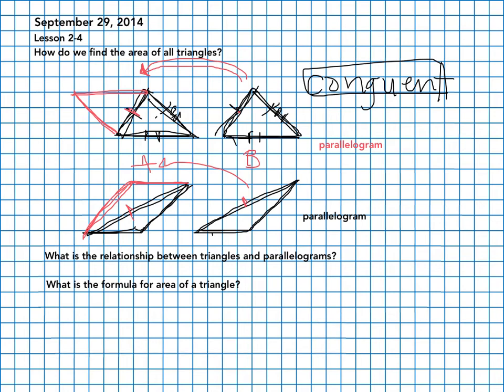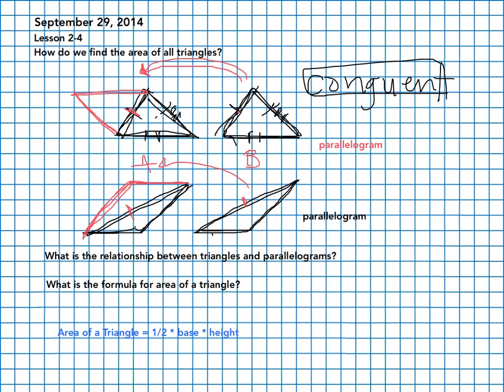Area of a triangle. Sorry, I'm working with a keyboard here, so as you can tell, I'm not the best typer. Area of a triangle is equal to 1/2 times base times height.